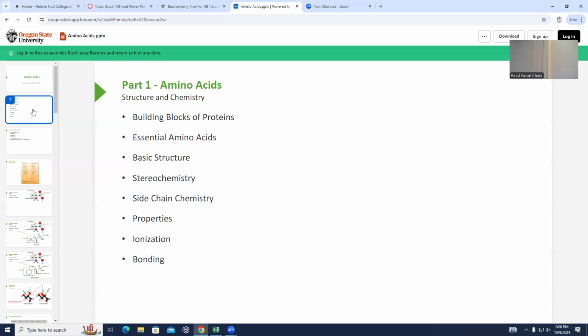Then we transcribe the DNA, transcription, using DNA dependent RNA polymerase.